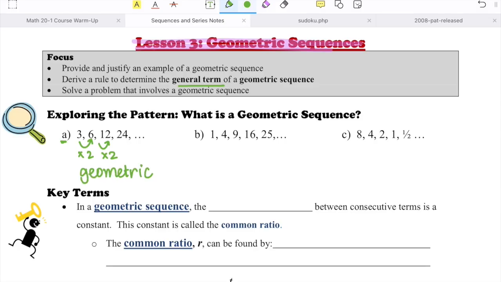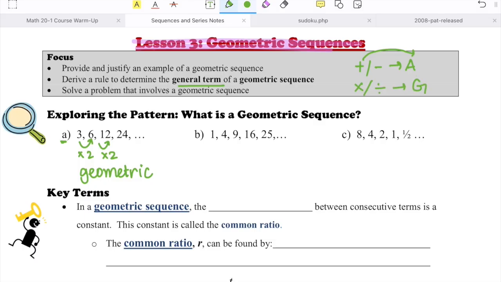Okay? So when it's adding or subtracting, it's going to be arithmetic, A for adding, A for arithmetic. Geometric is going to be multiplied or divided.